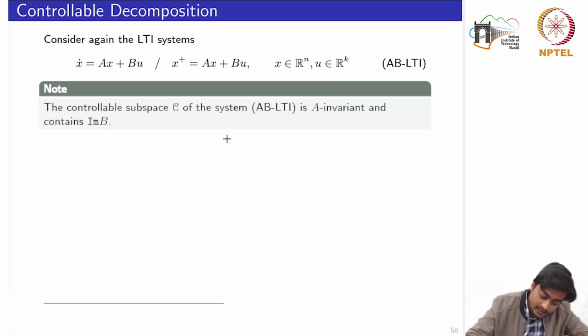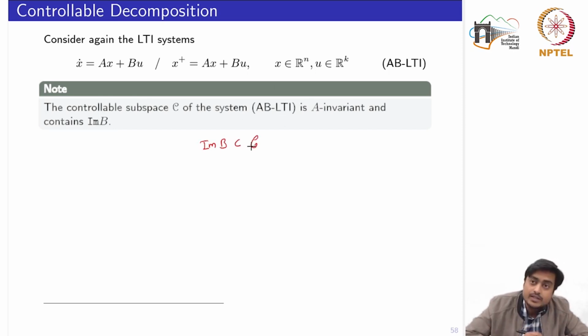Try to visualize this: the image of B is in fact a subset of this controllable subspace. So any element belonging to the image of B would definitely belong to this subspace, and this subspace is A-invariant.